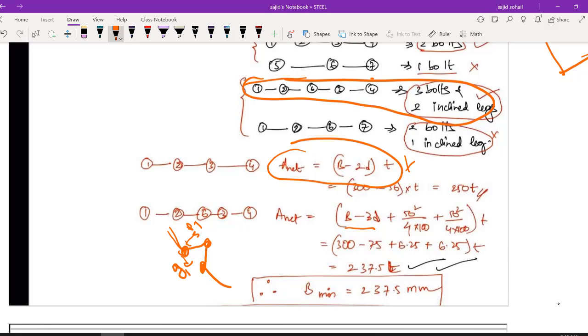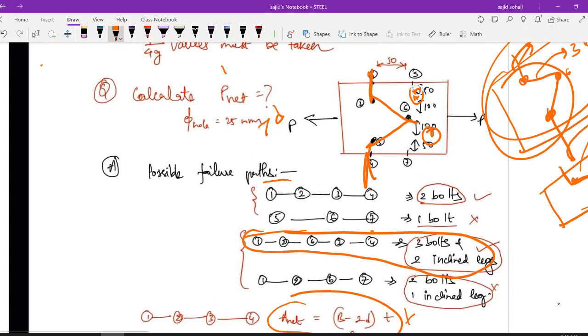This is p1 g1 and this is p2 and this is g2. So p1 square by 4g plus p2 square by 4g. यहाँ पे मैंने values दे दिया है. You can see, you can solve on your own. Here p1 and p2 are 50 and g1 and g2. You can clearly see this distance is given 50, this distance is also given 50. तो मेरा p1 p2 क्या हो गया? 50-50 हो गया.